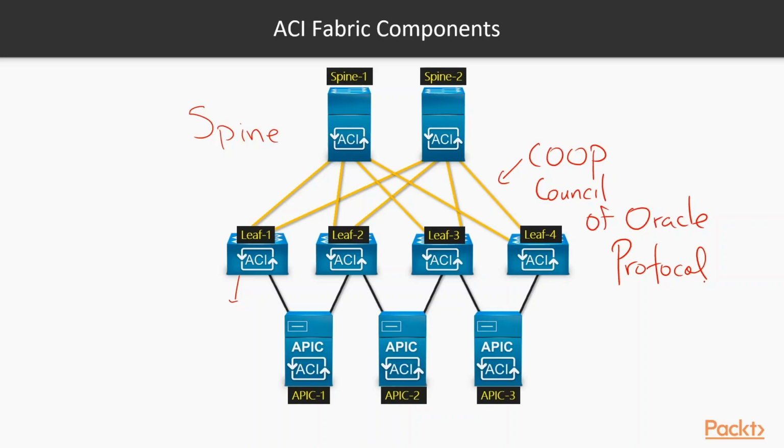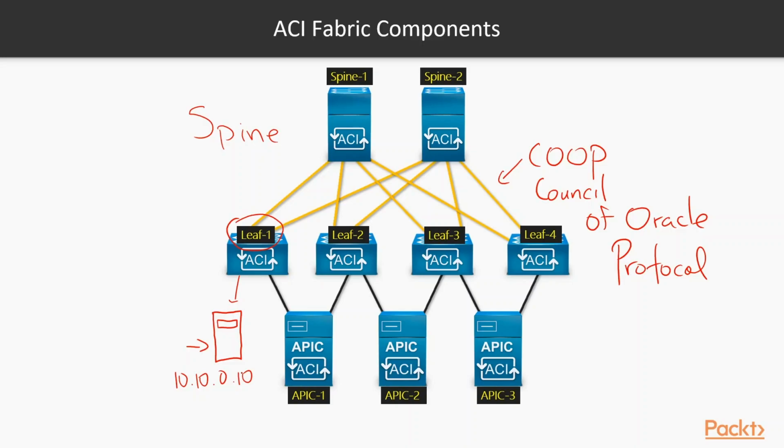Let me explain. So let's say we have a server, and the server is plugged in on leaf 1. The MAC or the IP of this server, let's work on the IP. The IP is going to be 10.10.0.10.